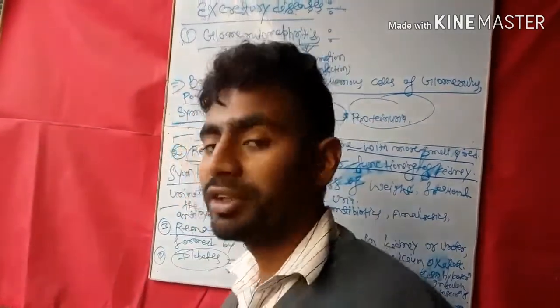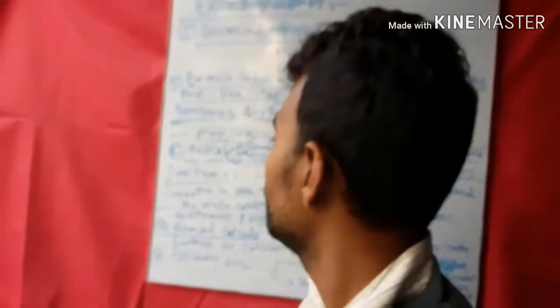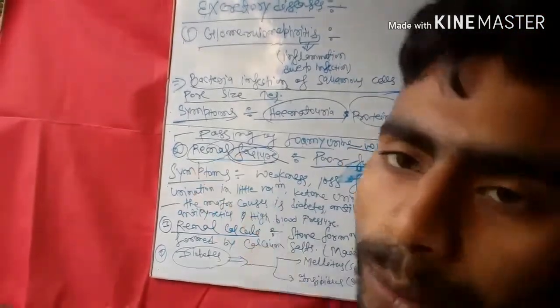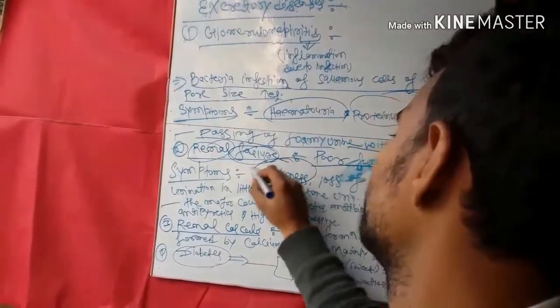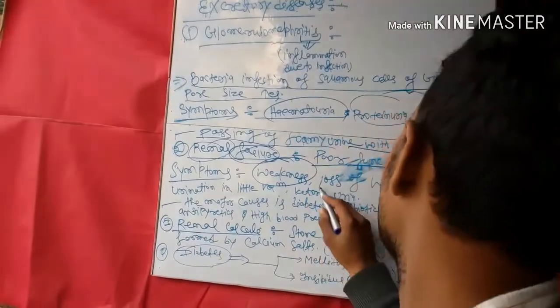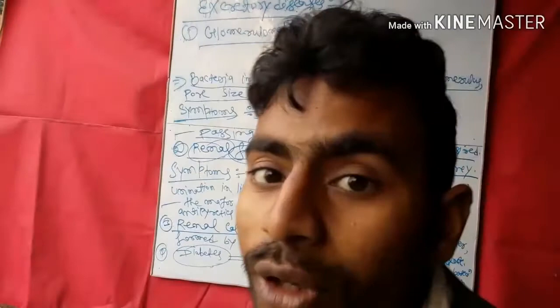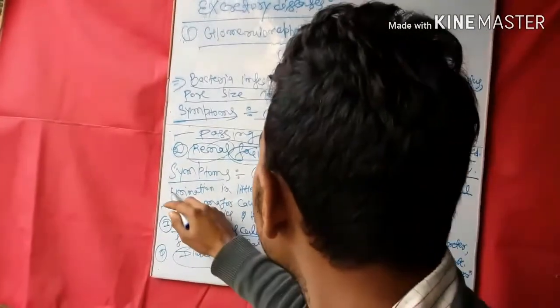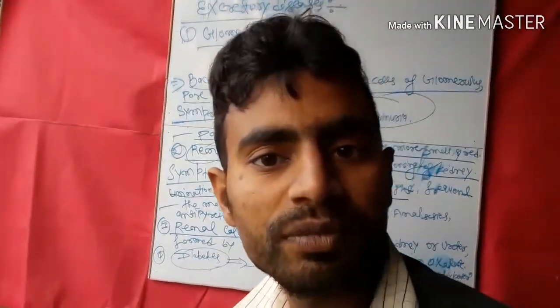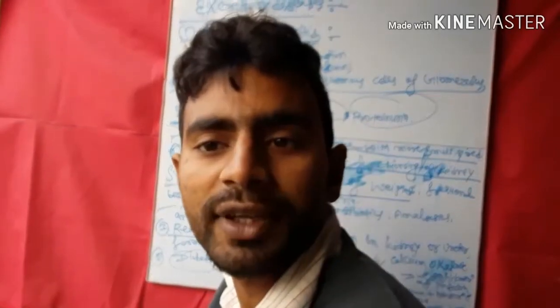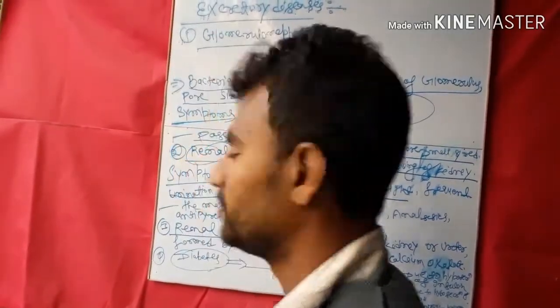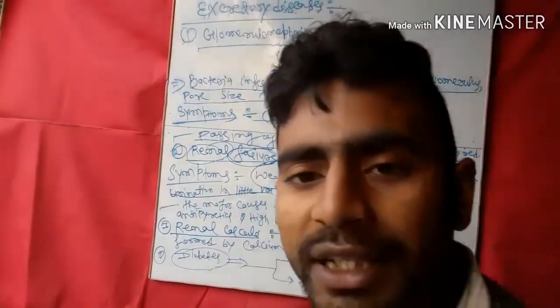For this, we need to know the symptoms. The symptoms of renal failure are weakness, loss of weight, frequent urination in little volume, and ketonuria.